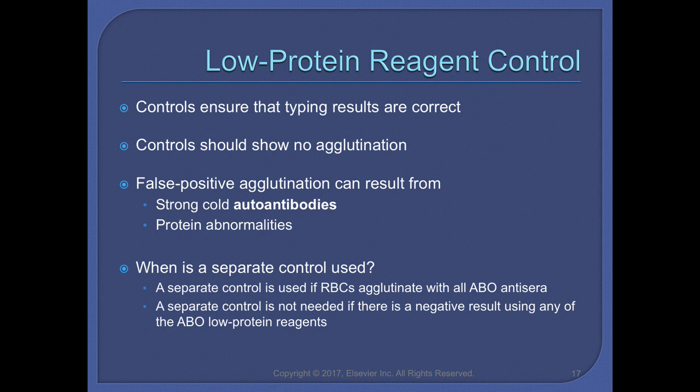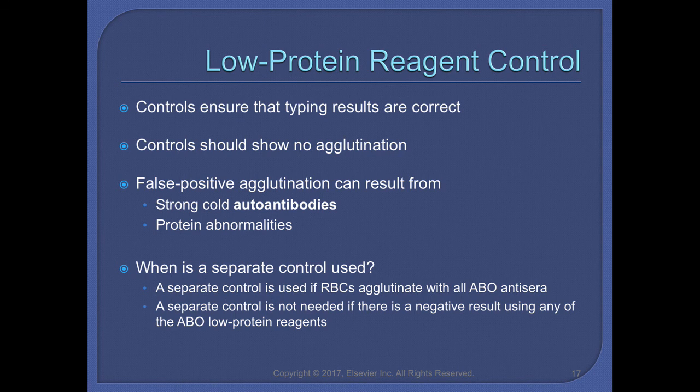So when is a separate control for D actually used? A separate control is used if the red blood cells agglutinate with all of the ABO antisera. A separate control is not needed if there is a negative result using any of the ABO low protein reagents.